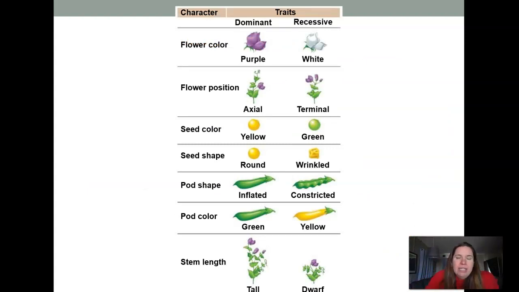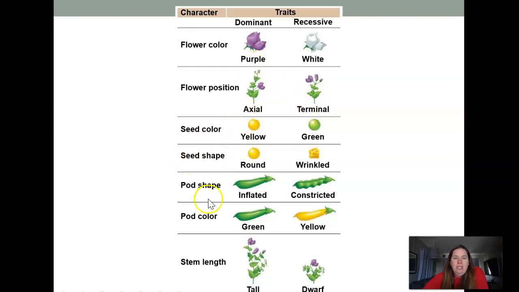So he ended up looking at seven different characters. Seven? 1, 2, 3, 4, 5. Yeah, 7. He ended up looking at 7 different characters. Each of these characters had 2 traits. So again, a really well set up experiment. He had lots of possibilities to choose from: flower color, flower position, the different colors of the seeds, how the pods looked, and so on.